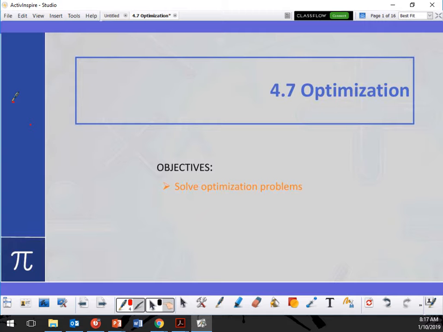All right, optimization. This is actually, I think of it as the most calculus type of problems. If we were to say anything would sum up calculus 1, it would be these problems here. Optimization is the big deal about calculus 1.